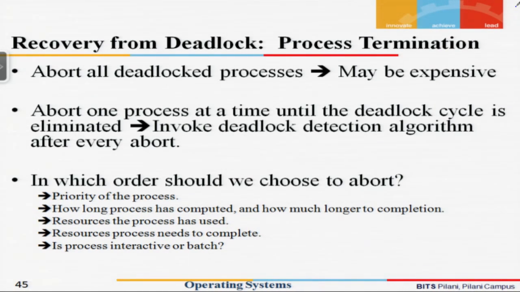We run the detection algorithm, and if with the abort of a given process the deadlock can be eliminated, well and good. If it cannot, then choose another process and keep aborting processes one by one till the time the deadlock is eliminated.